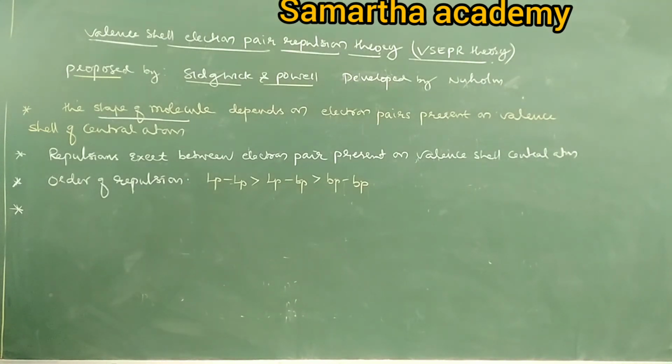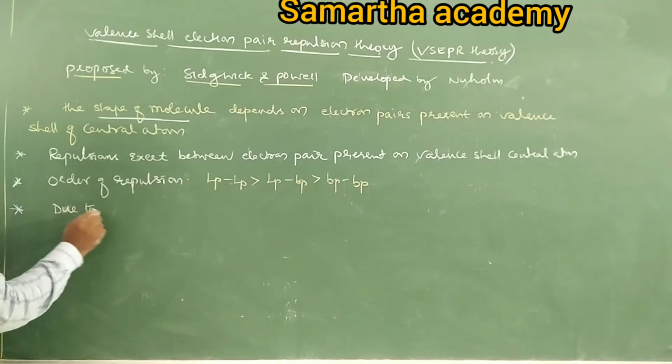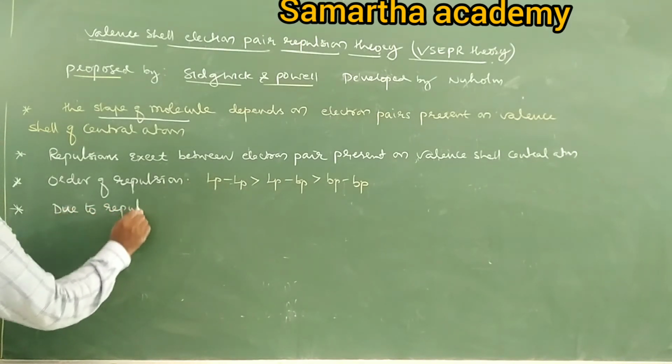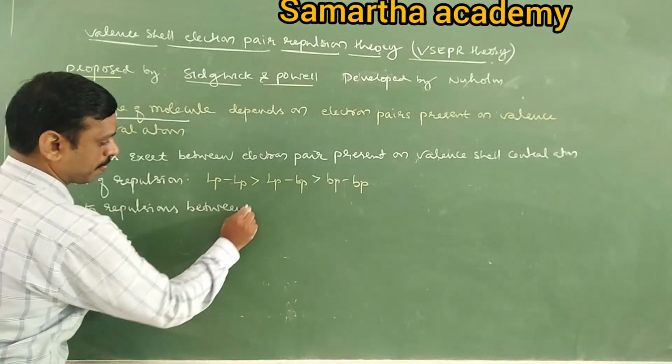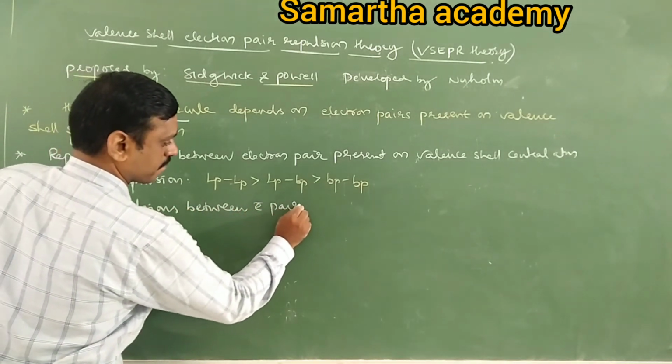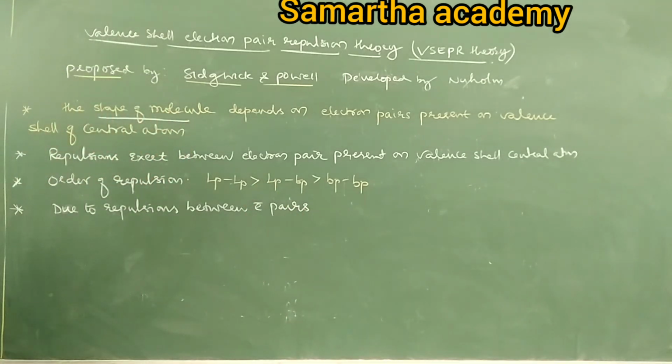Next, the last point: due to these repulsions, a distortion or change in the shape of the molecule takes place, due to repulsions between electron pairs. Due to repulsions between electron pairs, what happened?